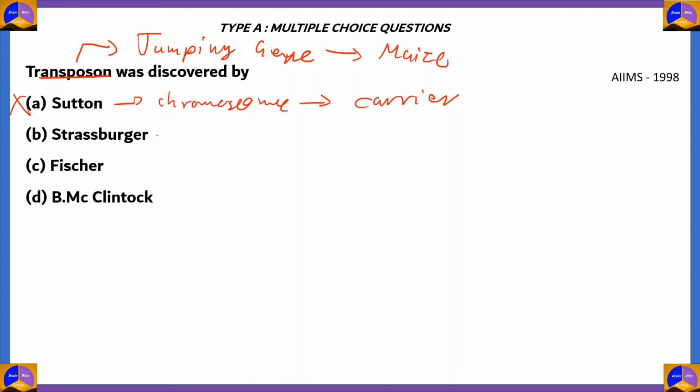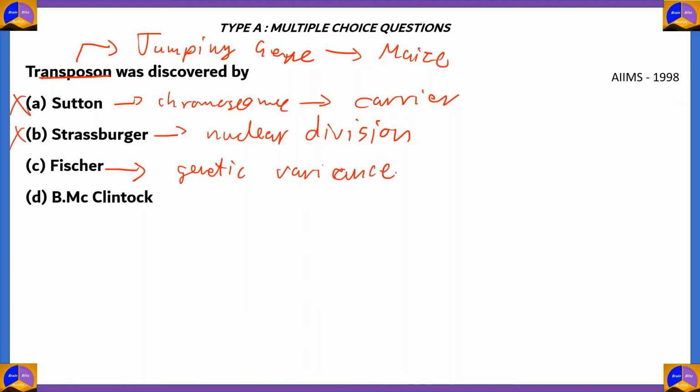What about option B, Strasburger? Strasburger worked in the field of nuclear division, mitosis, meiosis, those fields. So Strasburger was associated with nuclear fission. Option B is incorrect. What about option C, Fisher? Fisher discovered genetic variants, the different kinds of alleles and genetic traits that we have.